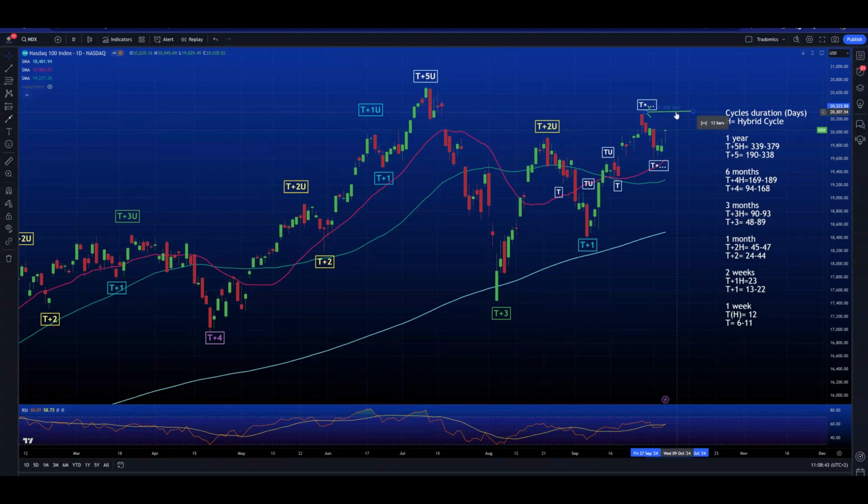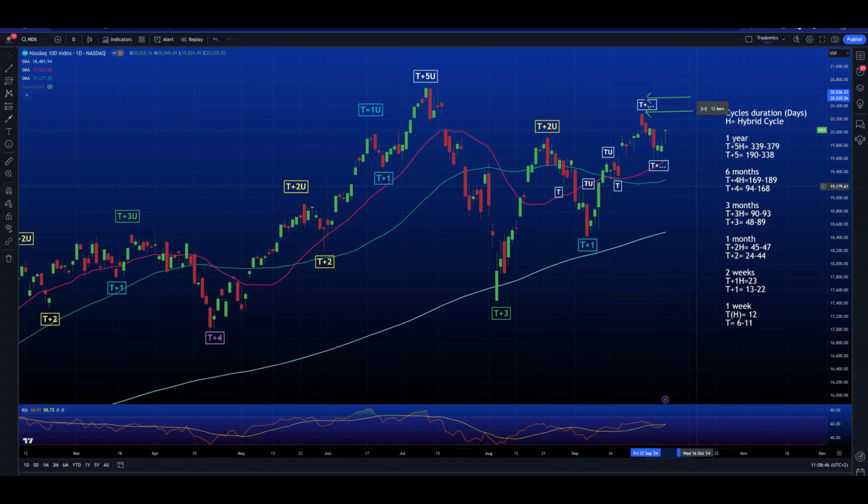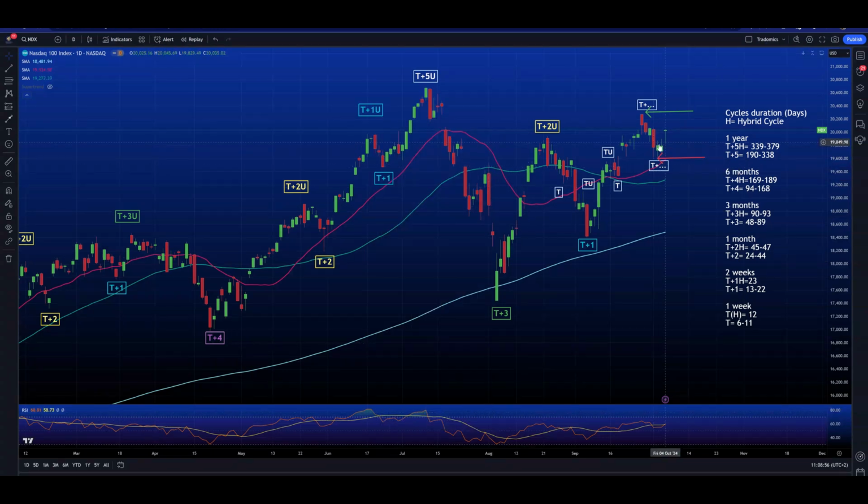But in case we start losing power, or we start a more consistent downtrend, the second level we need to monitor is the level at 19,622.